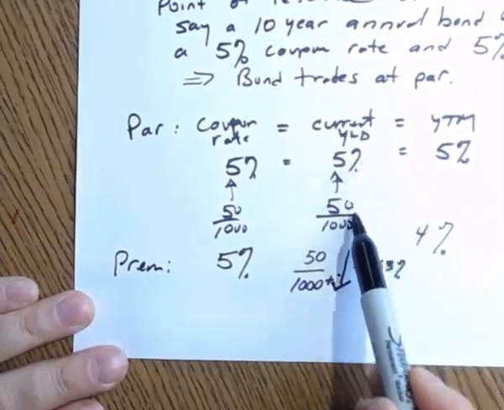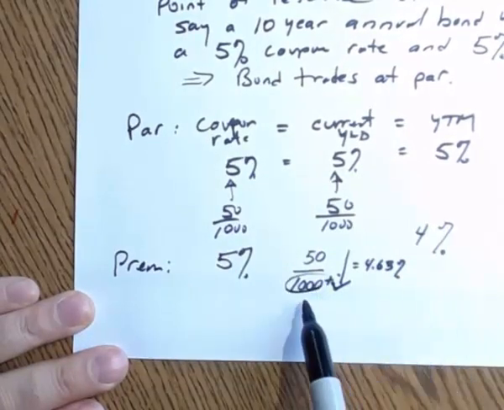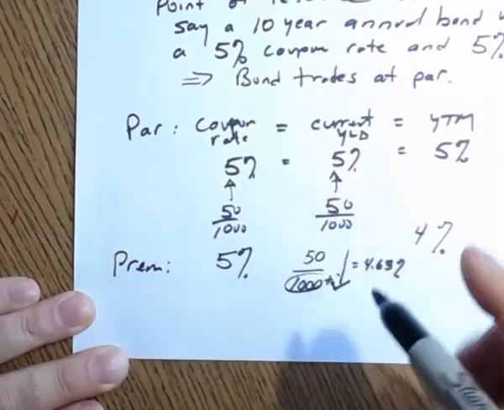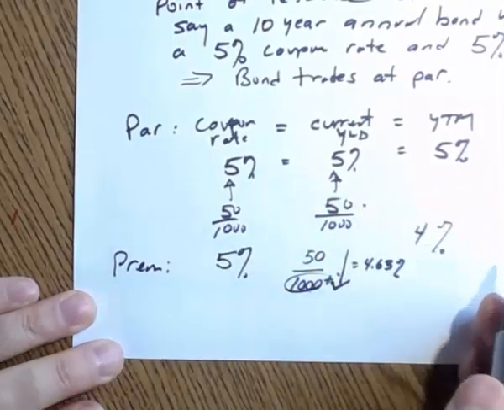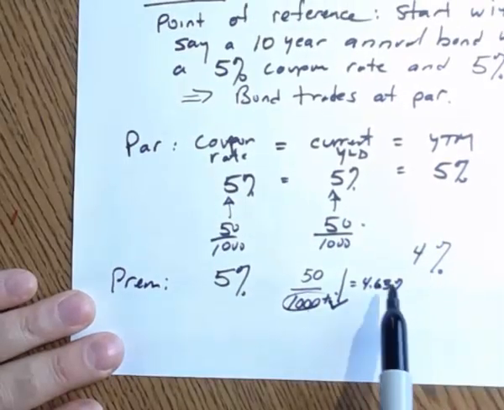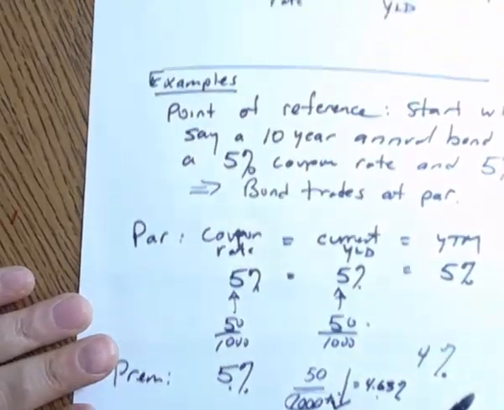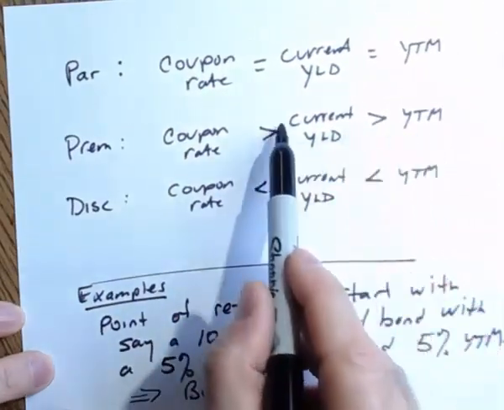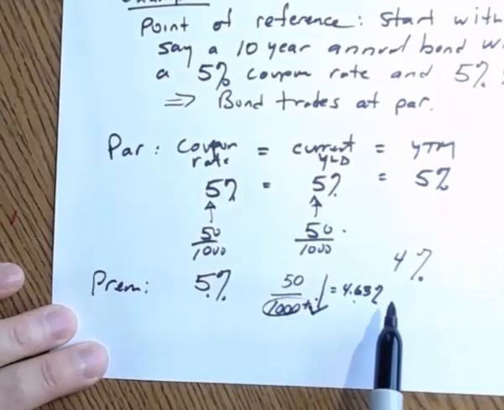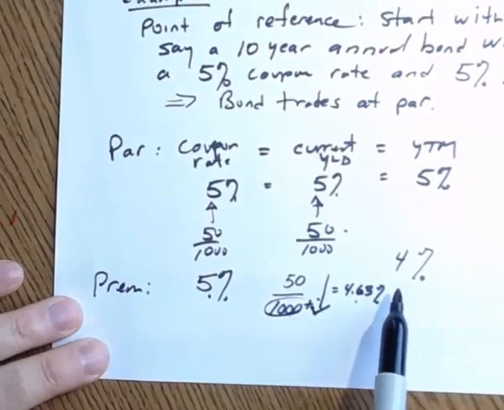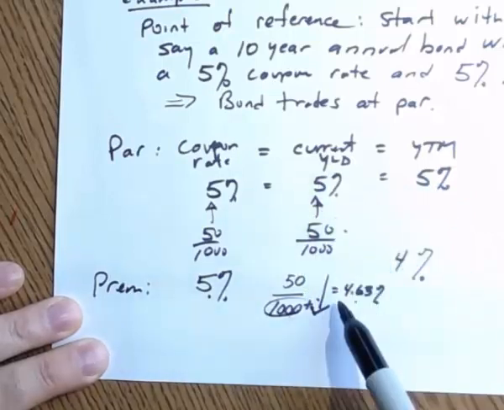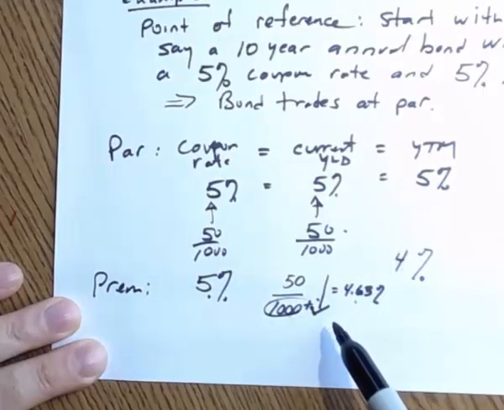It was 5% here, and it's dropped down because the denominator got larger, so the whole fraction comes down relative to what it was up here. So there you see 4%, which is less than the 4.63%, which is less than the 5% right here. I just showed you this relationship. And by the way, you see that the yield to maturity is moving more than the current yield. The yield to maturity dropped by 100 basis points, while the current yield only dropped by 37 basis points.